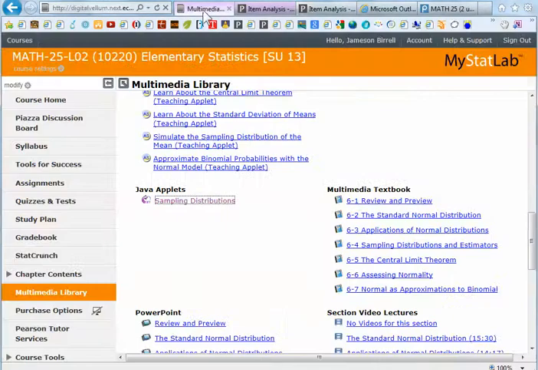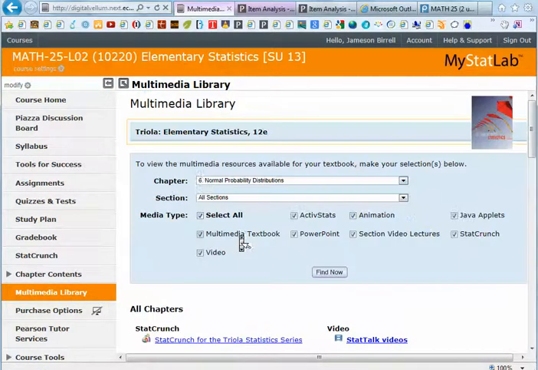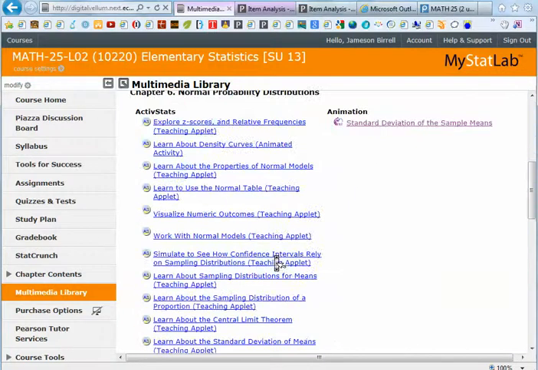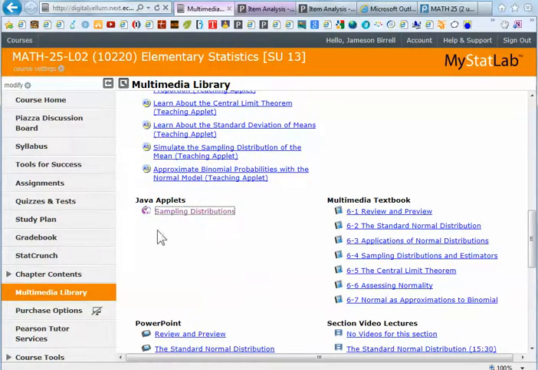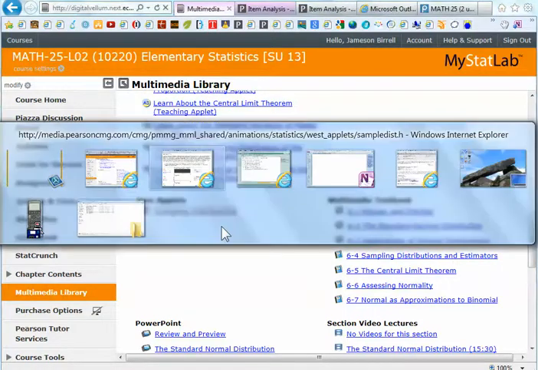Let me go ahead and show you how you get there. You go into the multimedia library. If you're not Googling Rice University sampling distribution, then you go for our tool, you go into the multimedia library, you just choose chapter 6, go ahead and hit it all, and then the Java applet is the one that has the sampling distribution that I'm showing you here.